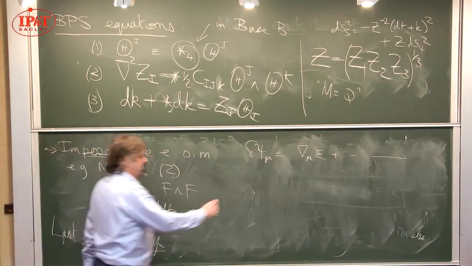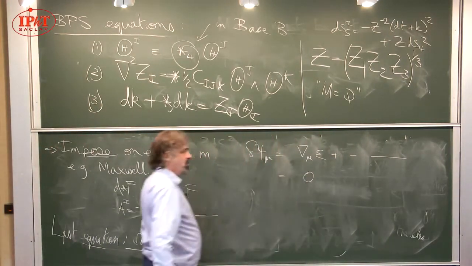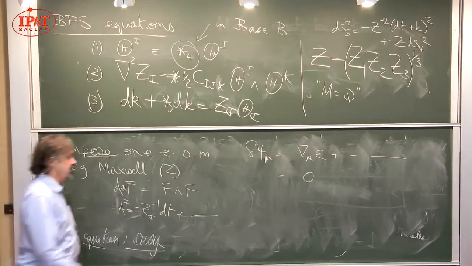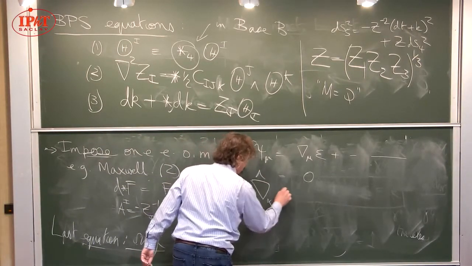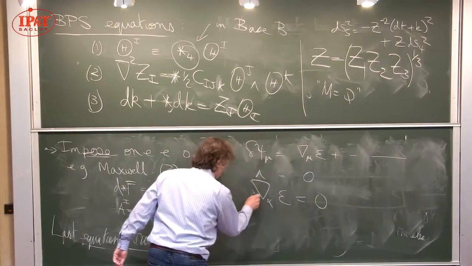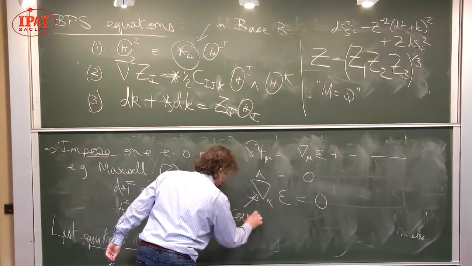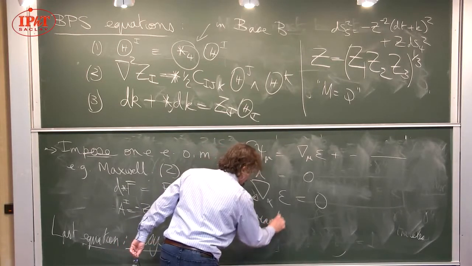And you want to solve that to equal 0. What that then boils down to, once you've satisfied all these equations, is that grad alpha hat on epsilon is equal to 0, where this is the covariant derivative on B.